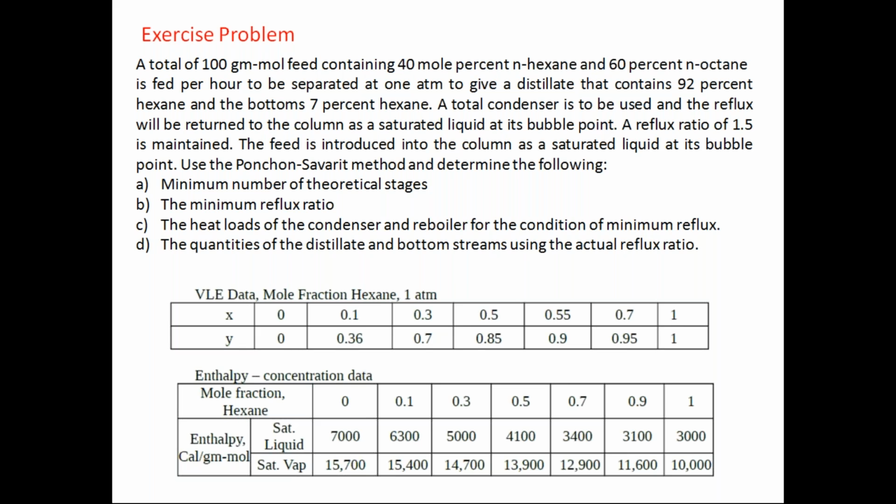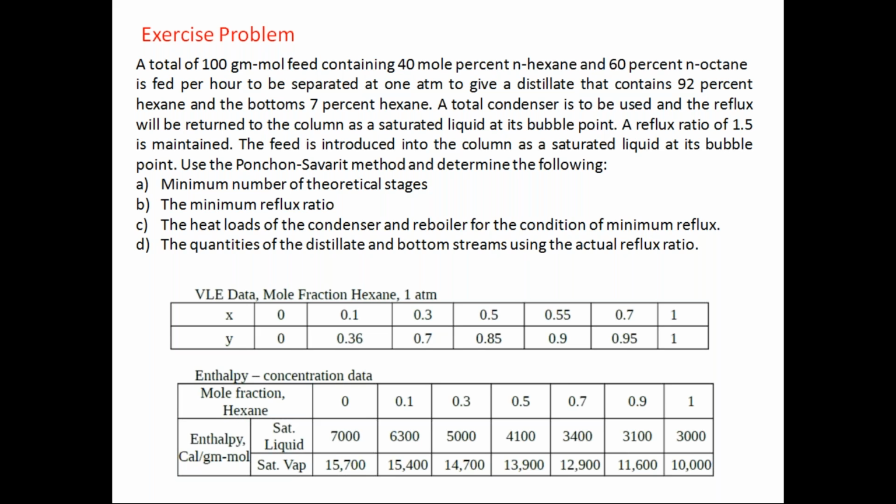A total condenser is to be used and the reflux will be returned to the column as a saturated liquid at its bubble point. That means the reflux as well as the feed are in saturated liquid state, at their bubble points. So a reflux ratio of 1.5 is maintained. The feed is introduced into the column as a saturated liquid at its bubble point.